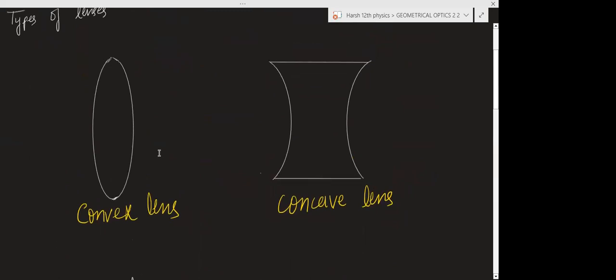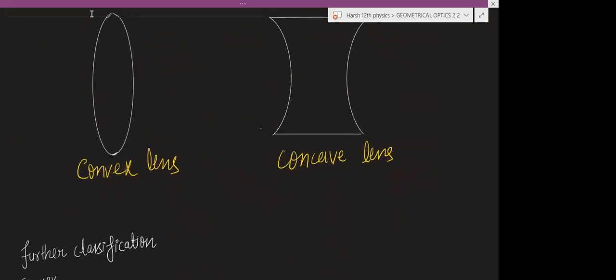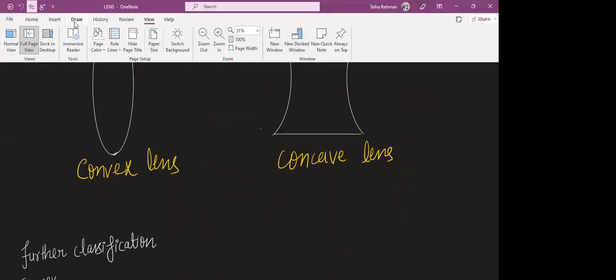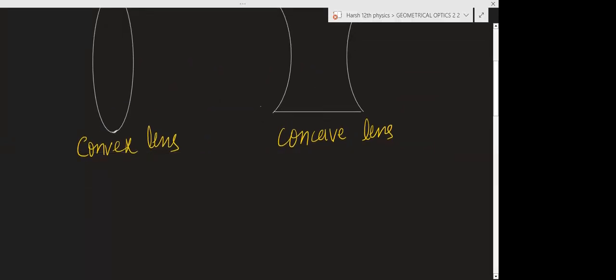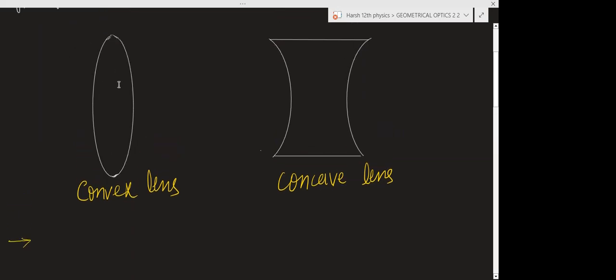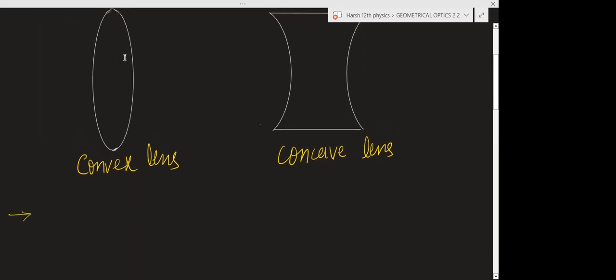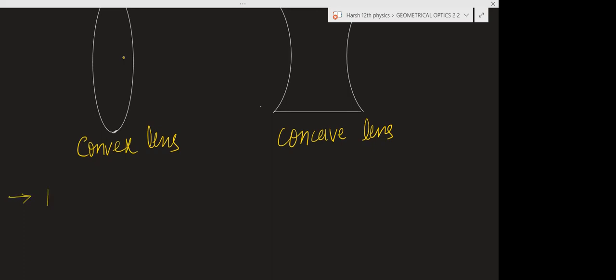One more thing I want to write here for the concave lens. Convex lenses are thick in the middle and thin at the ends.